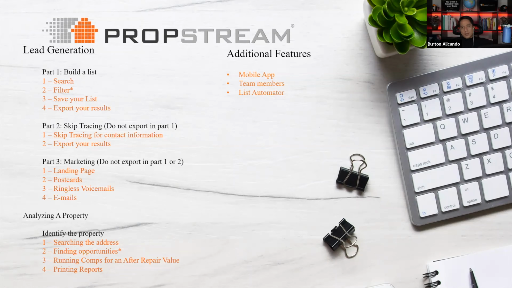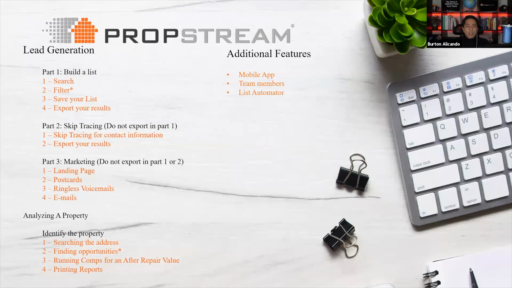This website could say, hey, I buy vacant properties, if it's a vacant property list that you build. Then you can send them postcards, voicemails, or emails to get them to that website. You don't have to set up the website. If you want to scratch that and just send postcards with your phone number and email, or mention them on the voicemail or email, then go for it. But that's the first part of PropStream, lead generation.